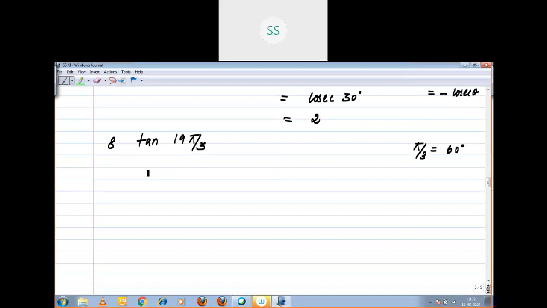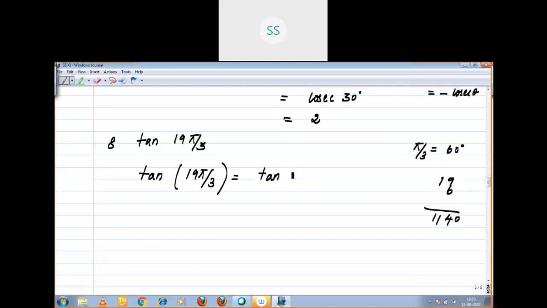Tan 19 pi by 3 equals tan, how will you write? 19 into 60. 19 fours are 76, remaining 5, 1, 1, 4, 0, right?